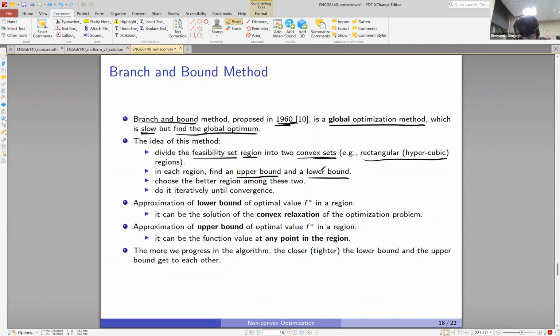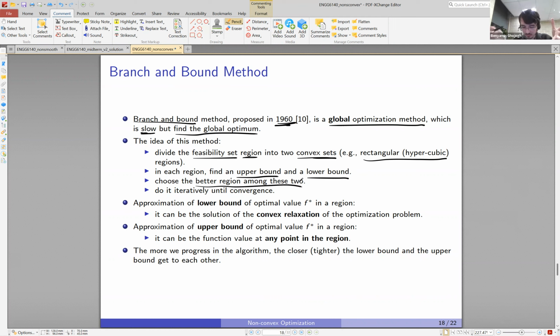In each region, find some upper bound on f star and lower bound. So sandwich f star in some range and say that f star can't be above some upper bound and can't be below some lower bound. And we'll talk about how to find that upper bound and lower bound in each region. Now when you do that, choose the better region among these two.